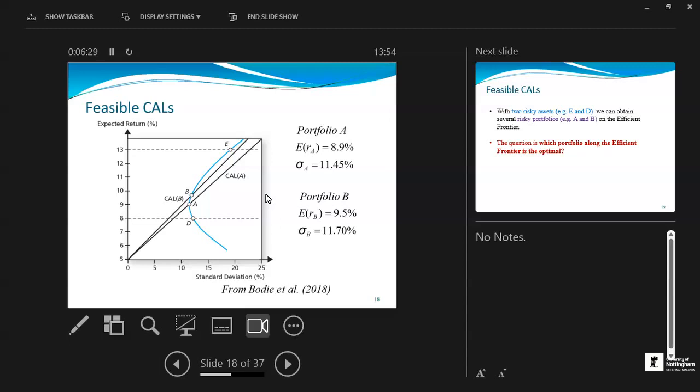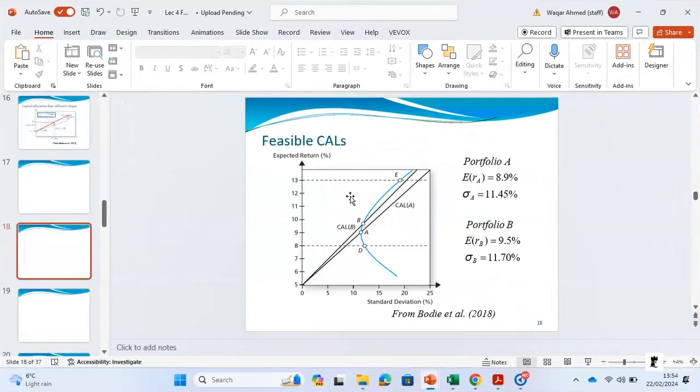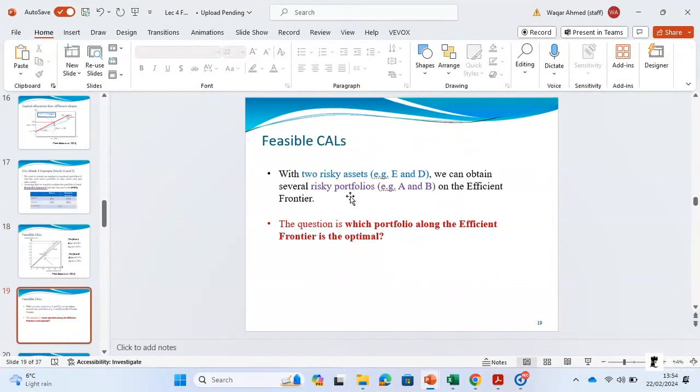That will give you the optimal combination of the risky portfolio and the risk-free asset. Essentially, as you move these black lines to the left, you're increasing the Sharpe ratio. The greater the Sharpe ratio, the more you're increasing the expected return for a given level of risk. Okay, so let's stop here, and then we will continue from here in the next session.